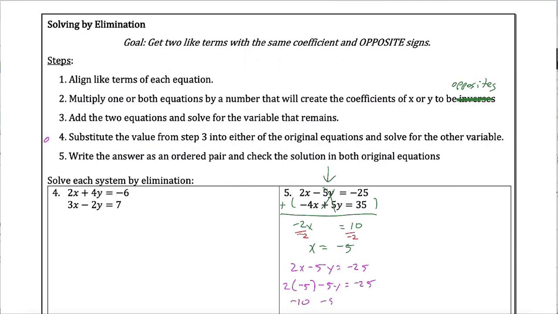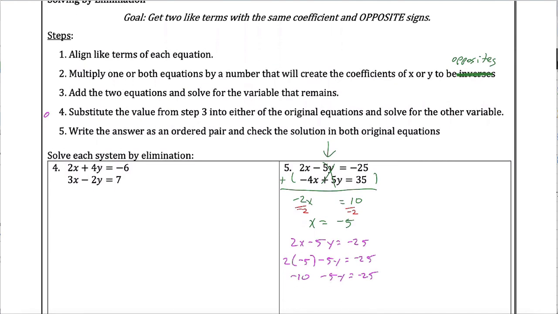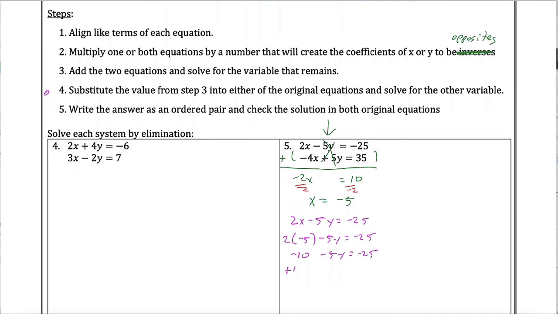Negative 10 minus 5y equals negative 25. If I add 10 to both sides, negative 5y equals negative 15, and then divide by negative 5, and I get 3. y equals 3. So my solution is that x equals negative 5, y equals 3. And that's your answer.